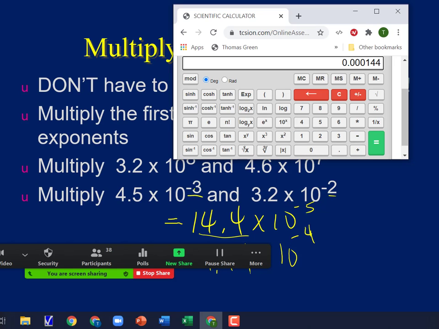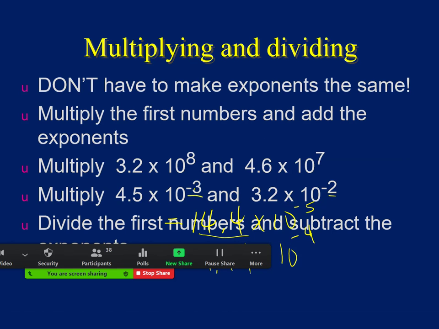All right. So, when you divide the first numbers, then subtract the exponents. So you treat the numbers in front by themselves, do the division, and then you do what you do with exponents when you divide.